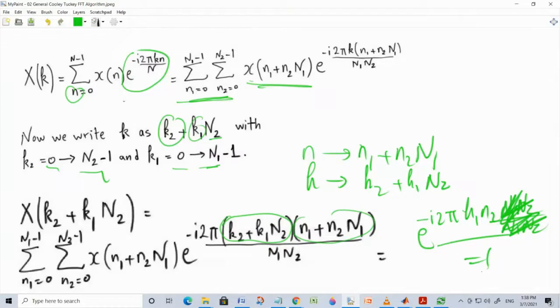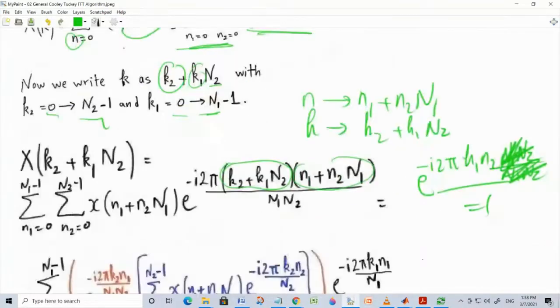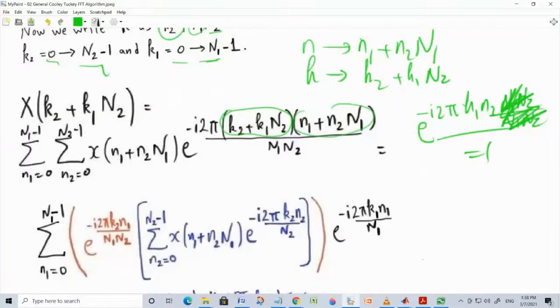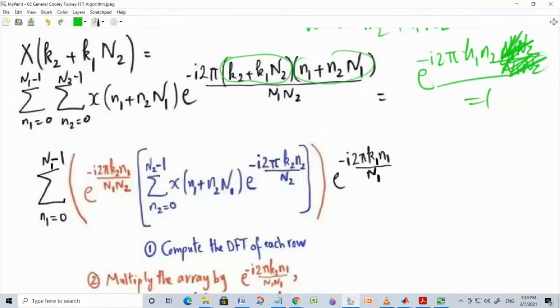But there are three other terms that are not equal to 1. So what we will do is take those three remaining terms and write them in this form. Okay, so what is this form?